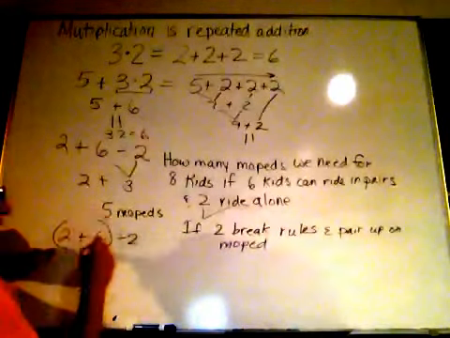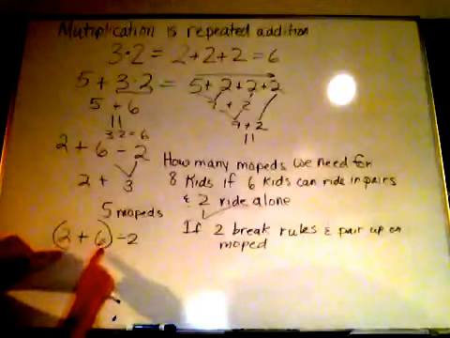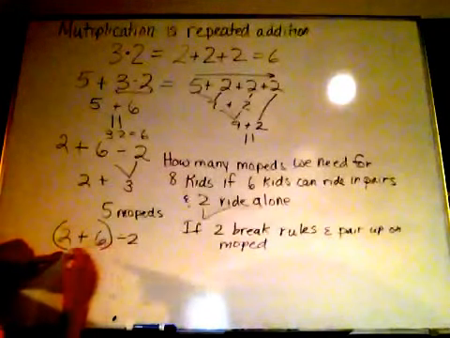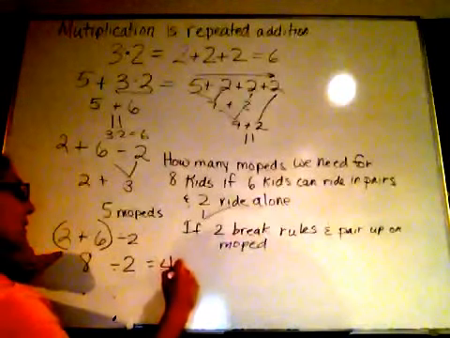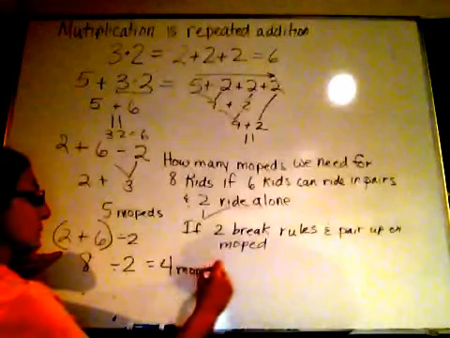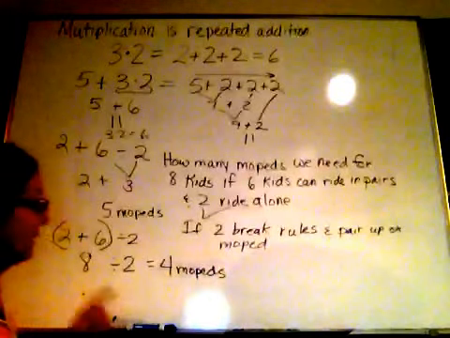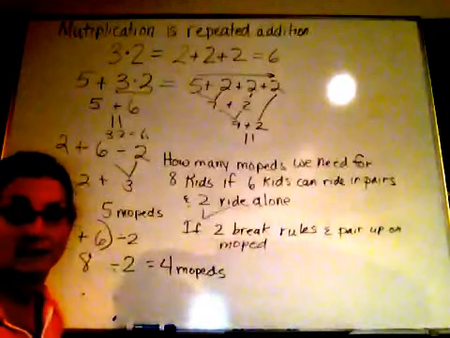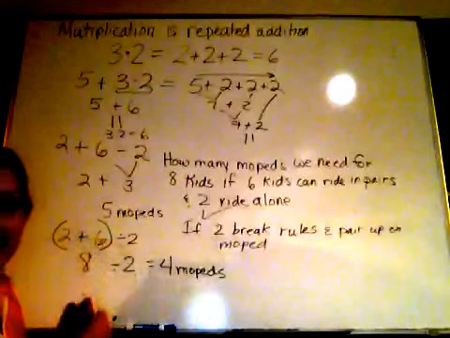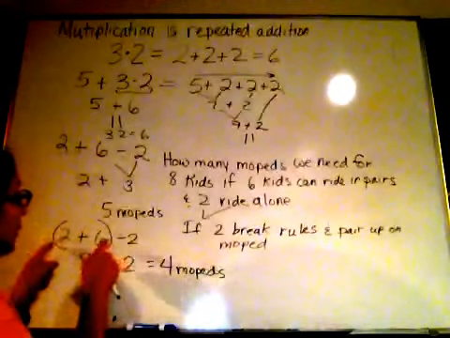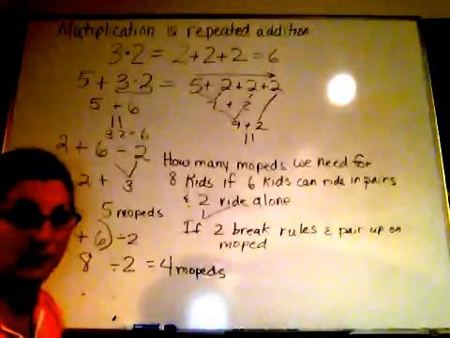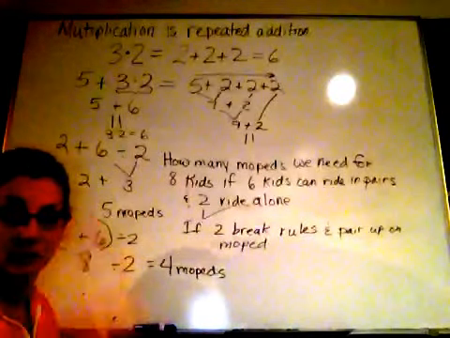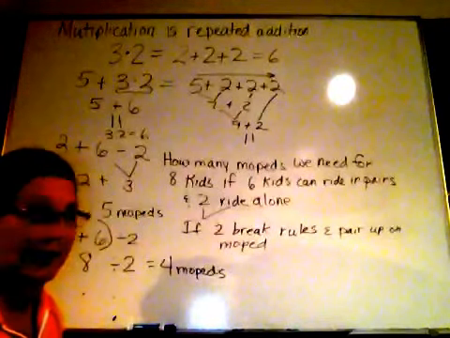Well, there's 8 kids now. So now we want to do this addition first. So that's going to be 8 divided by 2. So now we only need 4 mopeds. So it changes the result. If you decide to add before you divide, if your problem needs that, you must have parentheses, and parentheses overrule the order of operations of multiplication, division, then addition and subtraction.